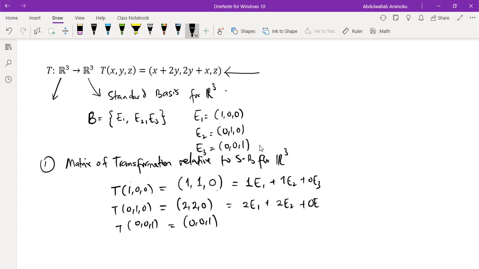And you can actually check this to be the case. So if you're working with the standard basis, you don't actually need to write this right-hand side. You can quickly write the matrix of transformation based on these vectors. The mistake that most people would make in this regard would be to assume that this is the case for all types of matrices of transformation.